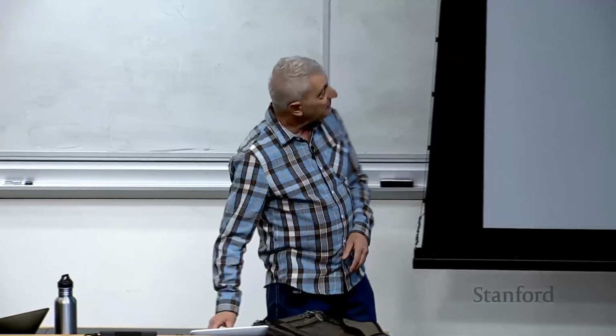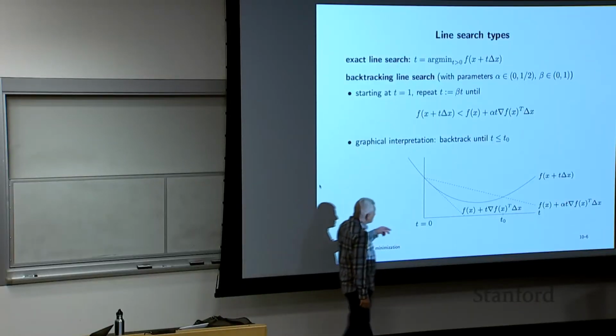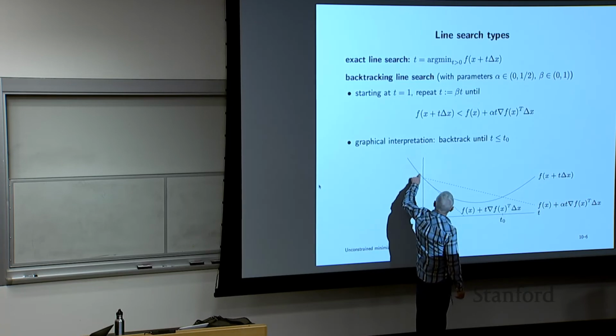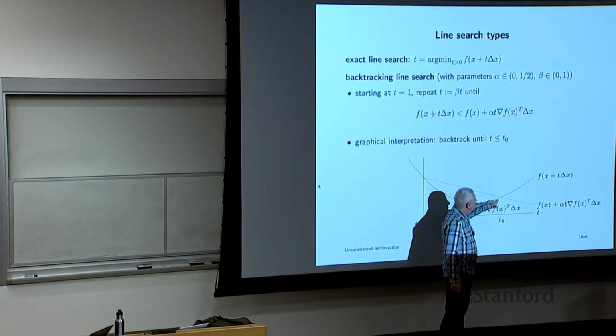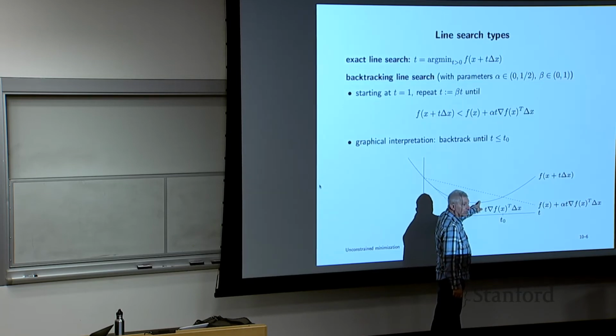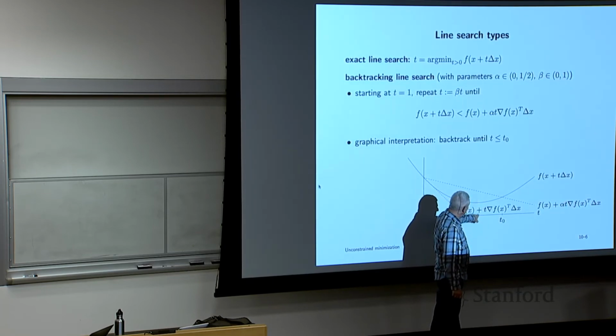Okay, so here's what this looks like. Here's t. Here is the function restricted to t. This would be the exact line search number, the exact step length you would take to minimize this.